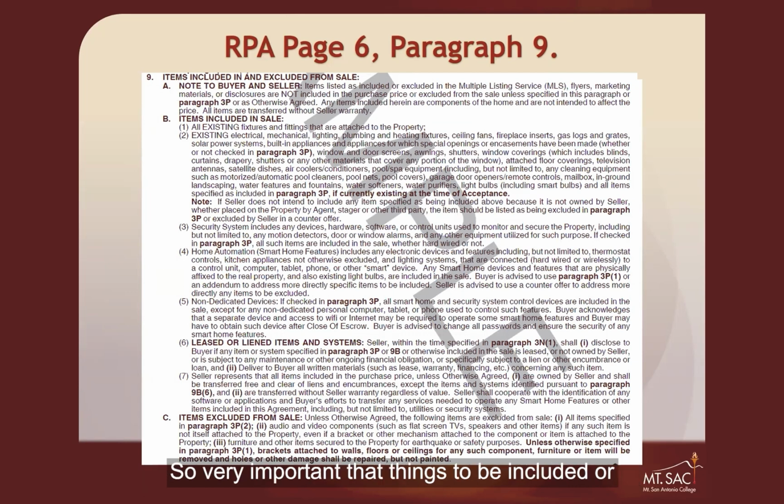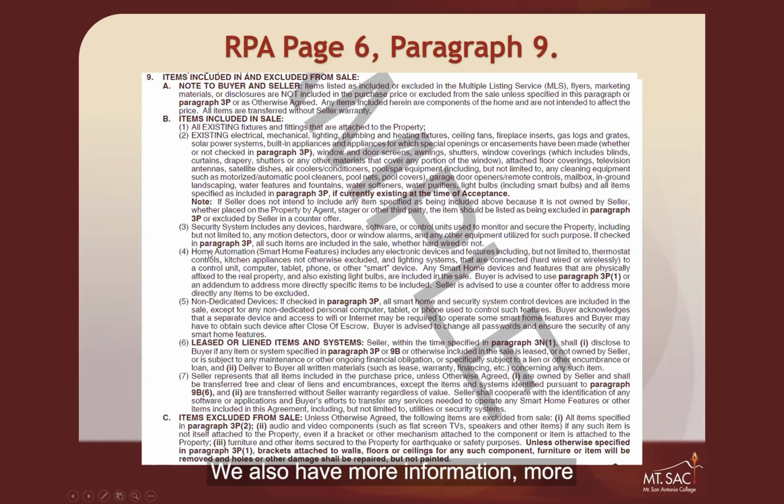All right. So very important that things to be included or excluded must be addressed back in paragraph 3P. Okay. And we know it's 3P because we see here in 9B references to 3P in the contract, which makes it real easy to navigate through. All right.